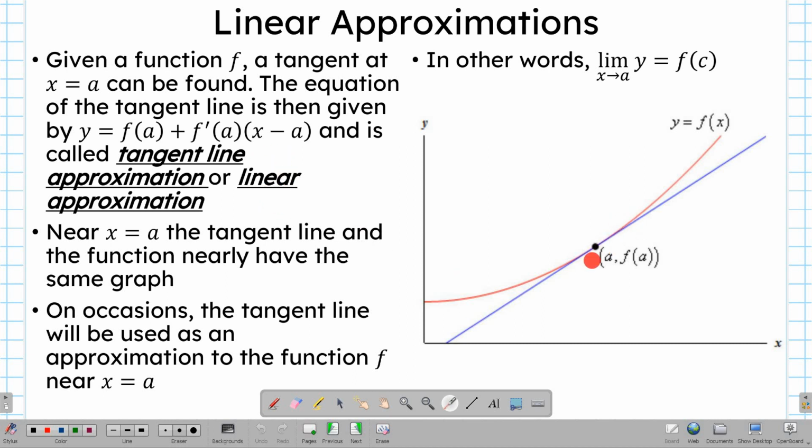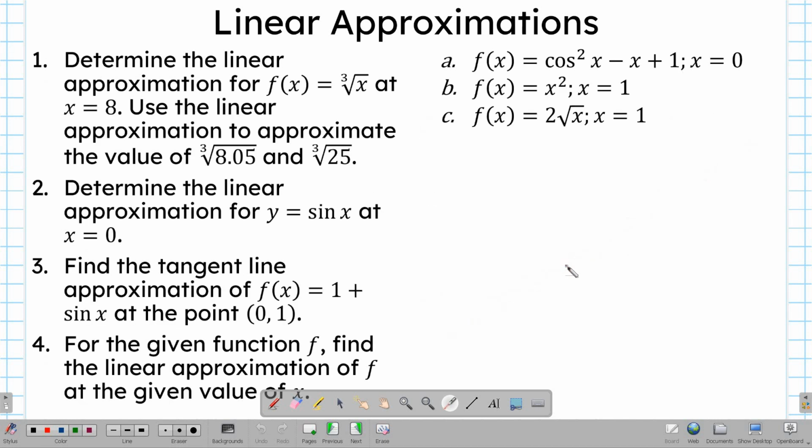Because as you can see here, the function values are really close to the values of the tangent line. So the closer we are here, we can use the tangent line values as an approximation or as an estimate of the values of the original function.